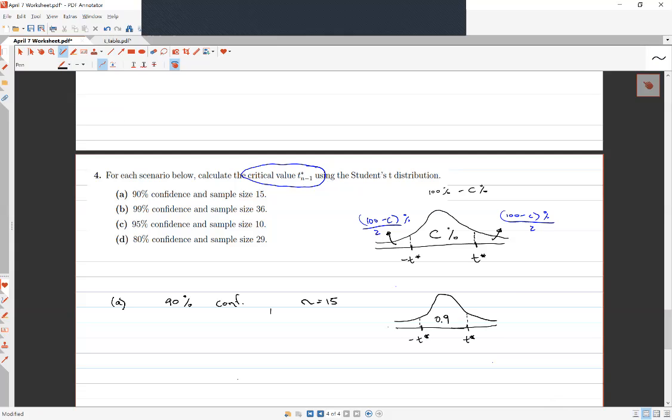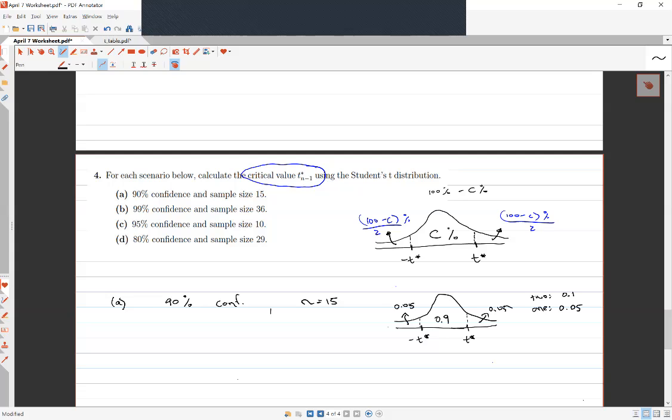So how much is left? In the 2 tails combined, 0.1 is left. So if you divide that by 2, that means each of the tails now has 0.05.